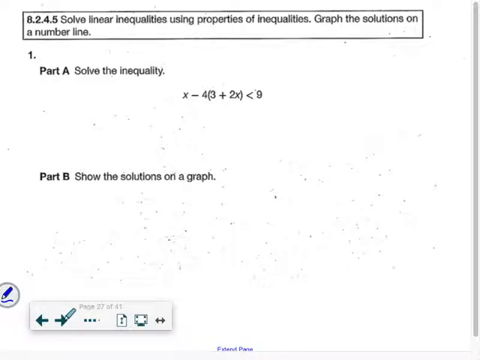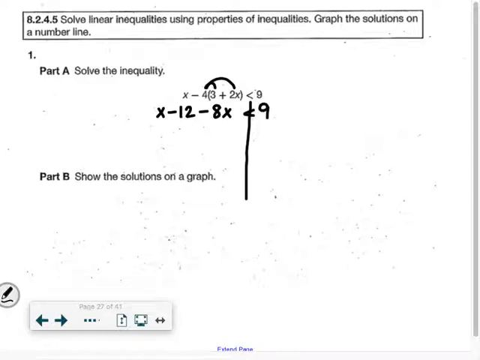Our next benchmark is 8245. Solve linear inequalities using properties of inequalities. Graph the solutions on a number line. All right, so my inequality to solve, the first step I'm going to need to do is distribute the -4. -4 times 3 is -12, and -4 times 2x is -8x.